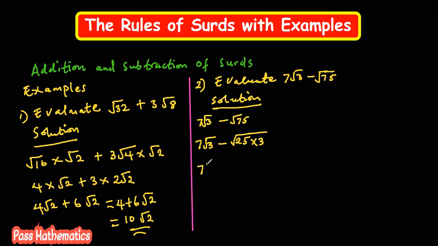Then we have 7 root 3 minus the square root of 25, which is 5, and then we have root 3 here. Since these are similar, we just say 7 minus 5 root 3, and then we have 2 root 3 as our final answer.